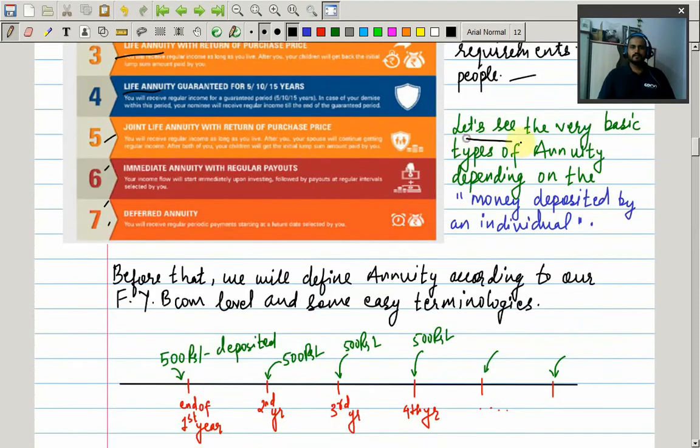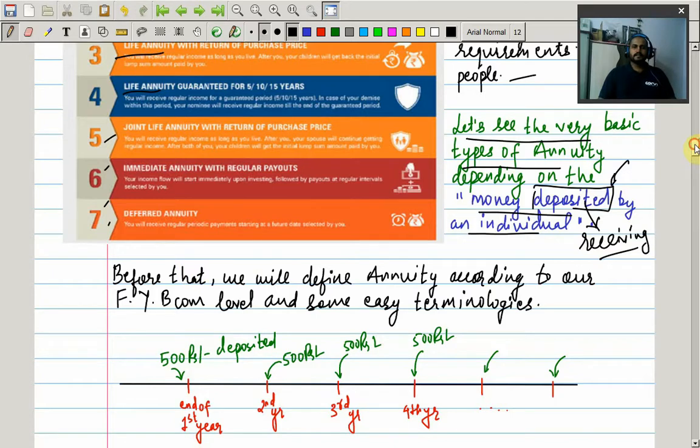Let's see the very basic types of annuity depending on the money deposited by an individual, or receiving the installments. So annuity is for both depositing money or taking out the salaries or the installments in future.